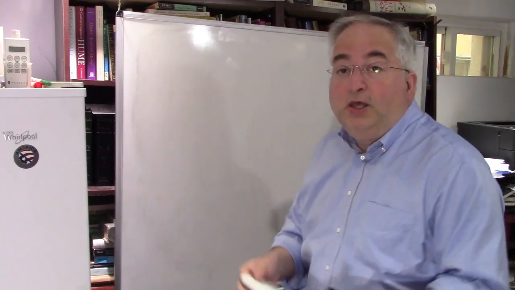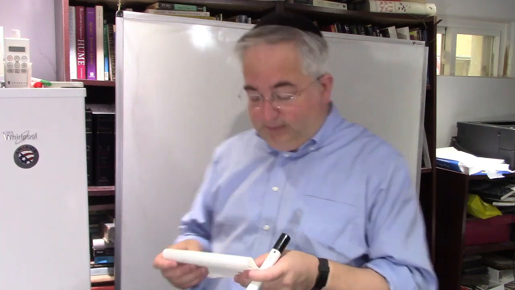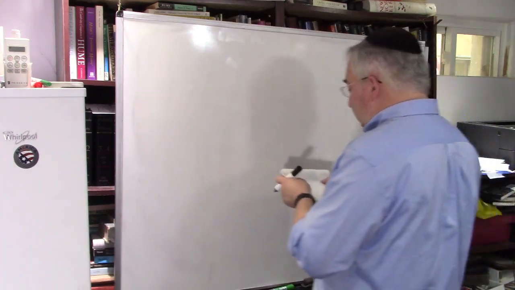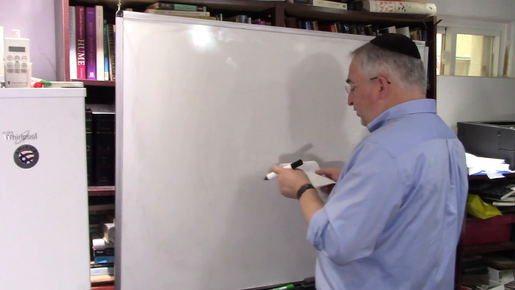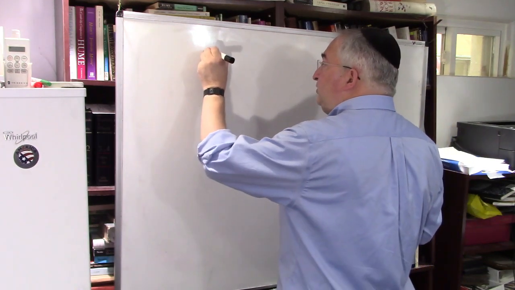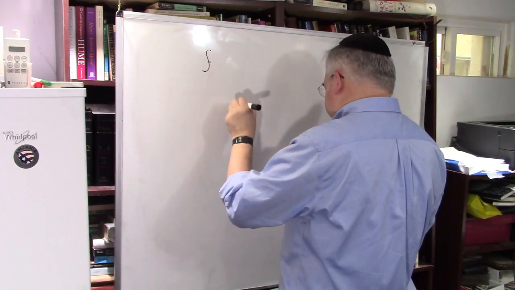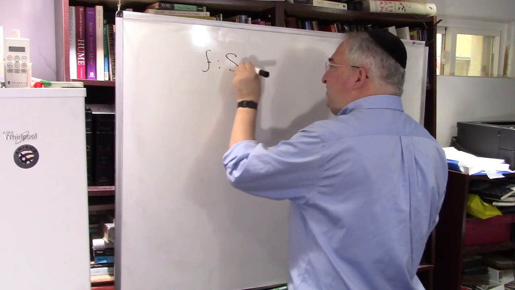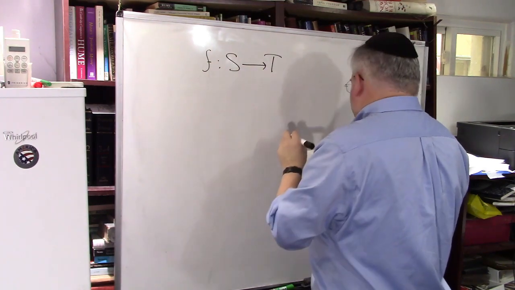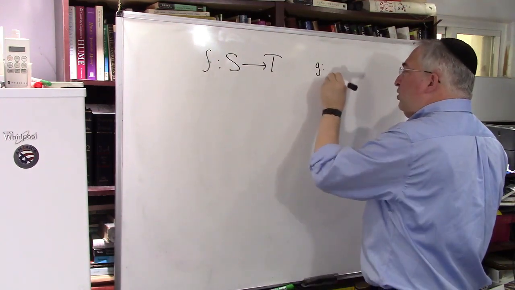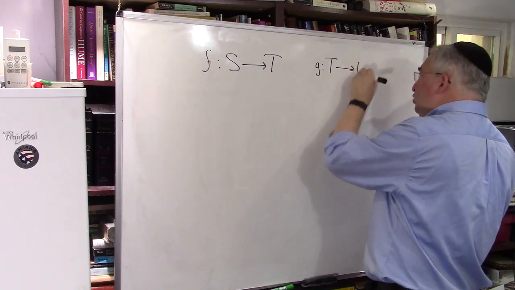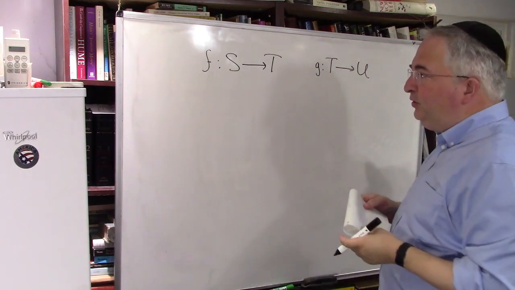Okay, great. So we dealt with a special function. Now I want to do an operation on functions. This is a special type of operation. Consider two functions. F goes from S to T. G goes from T to U. U is not the universe.